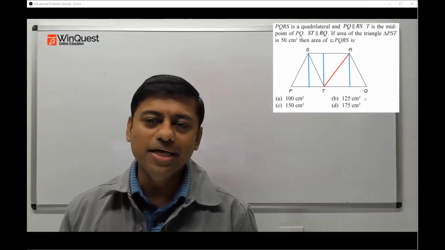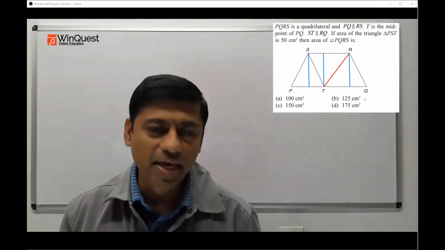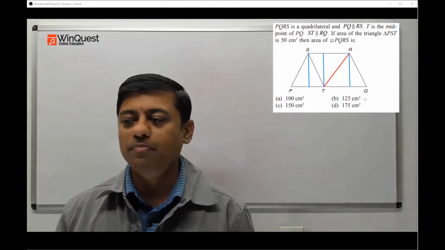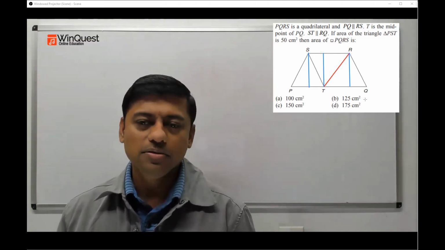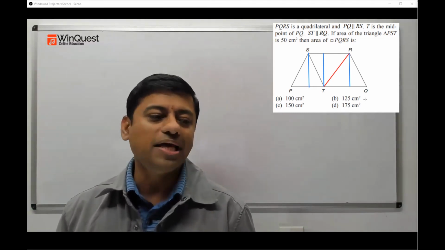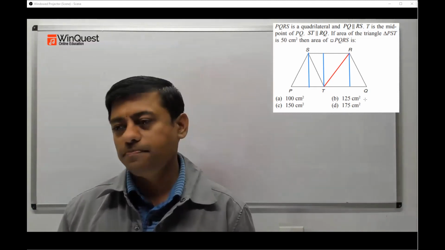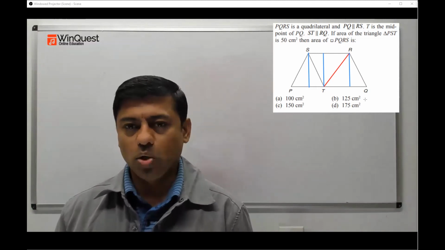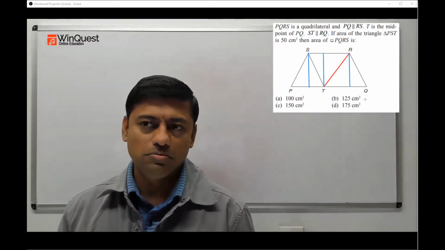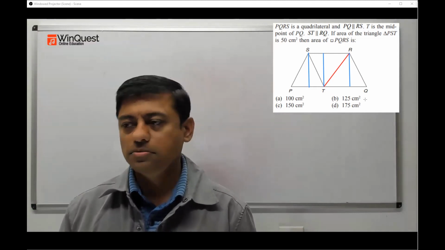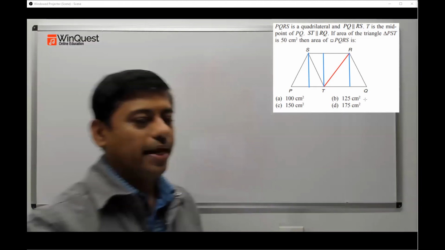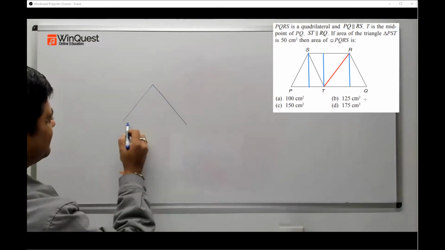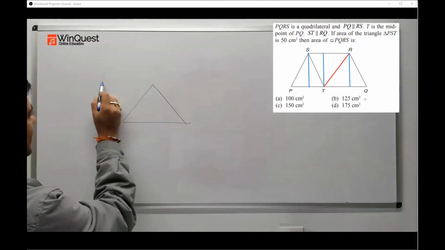If two triangles have the same height and the same base, and the area formula is half multiplied by base multiplied by height, is that going to give the same area or not? What I'm trying to say, again, I'm repeating, you have two triangles like this.